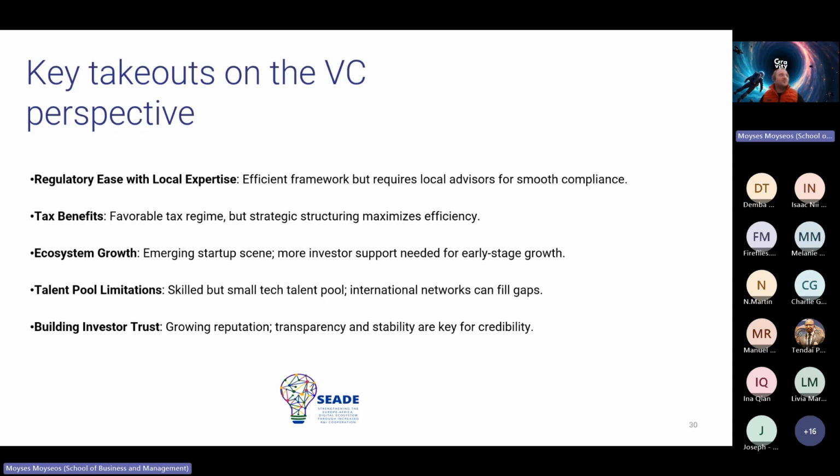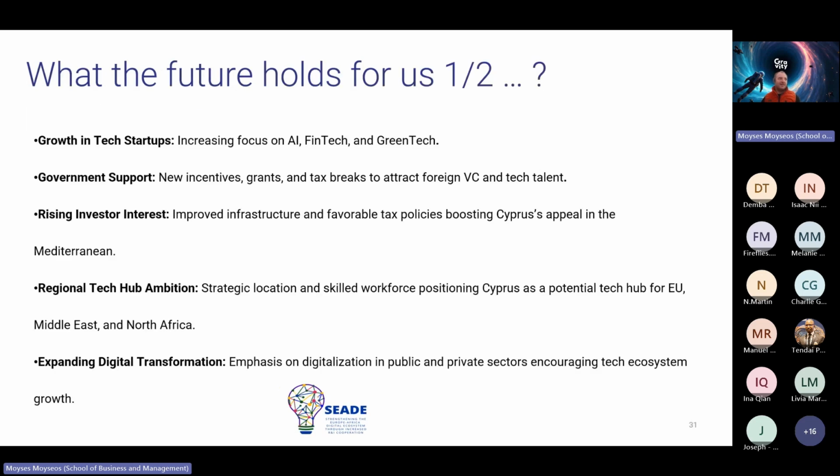Of course, regulation and tax benefits are very beneficial to attract foreign investment to your local ecosystem. There is an emerging startup scene, more investor support is needed for early stage growth, the hands-on support that I've been talking about, and building investor trust is crucial. So growing reputation, transparency, and stability are key for credibility.